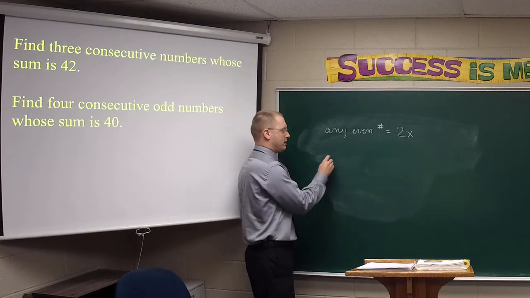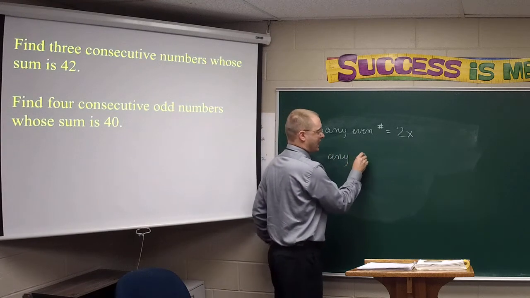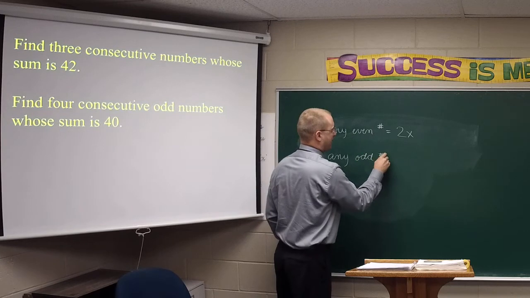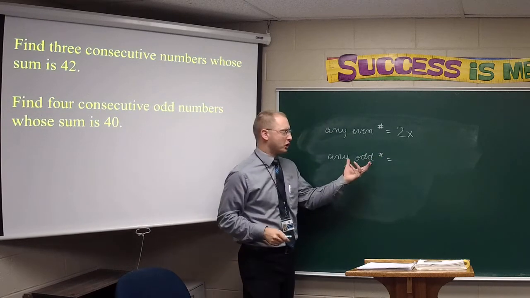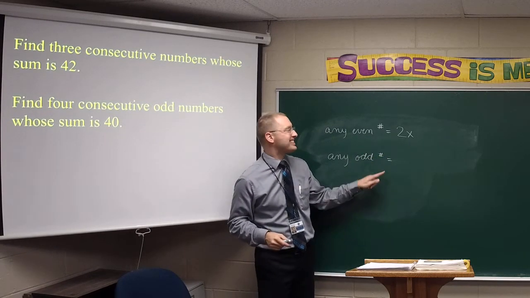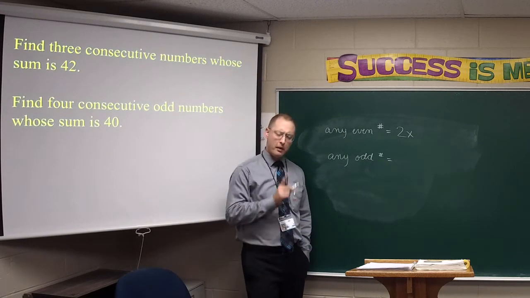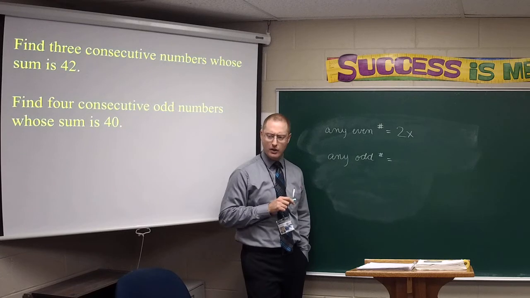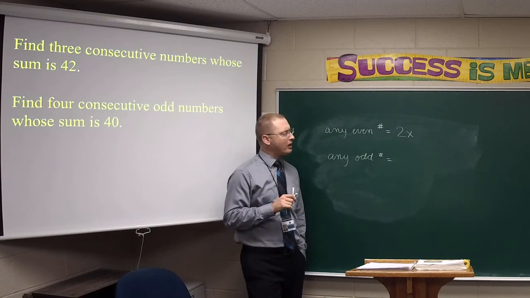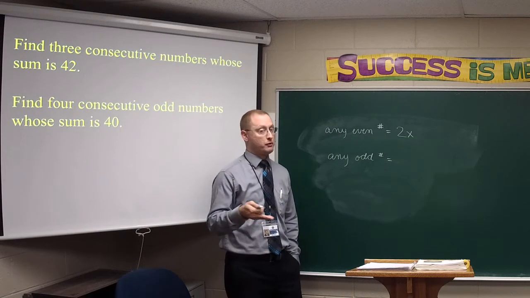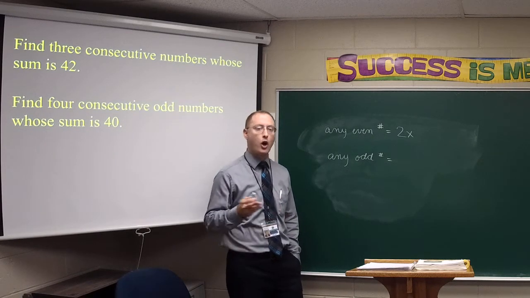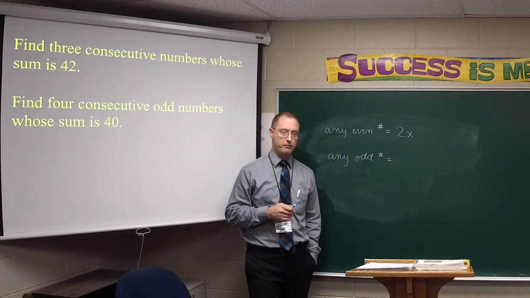Okay, so then, if I wanted to represent any odd number, or more specifically, any odd integer, I would need to come up with something that isn't even. Even is 2x. How would I represent odd then? Well, but if x is like a 4, 3 times 4 would be 12, that's not odd. And not all odd numbers are divisible by 3.